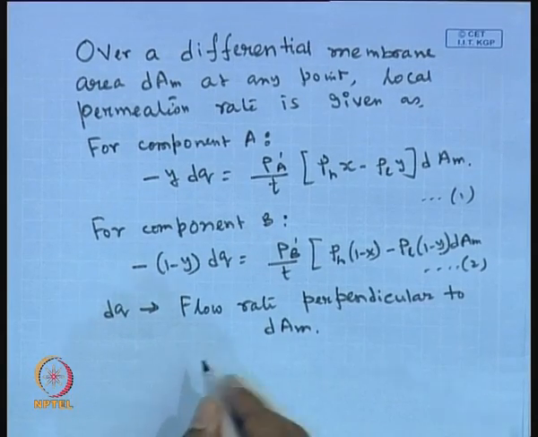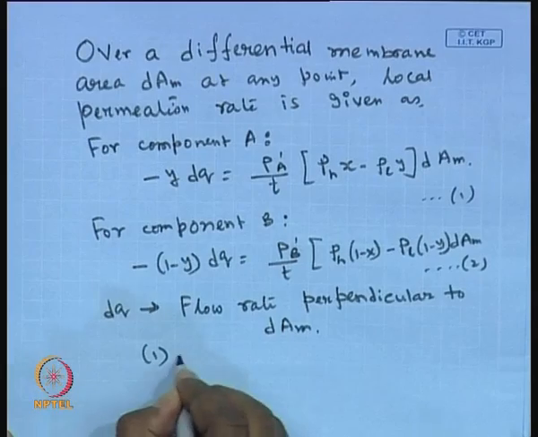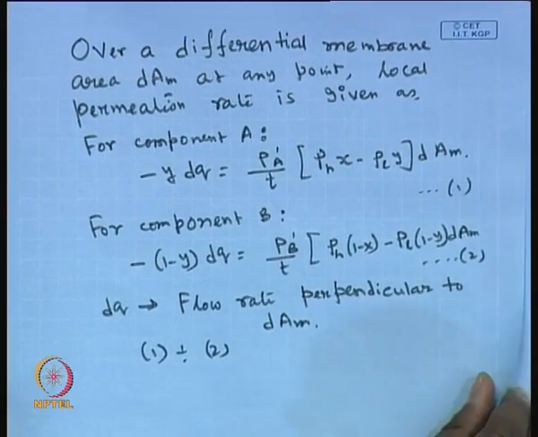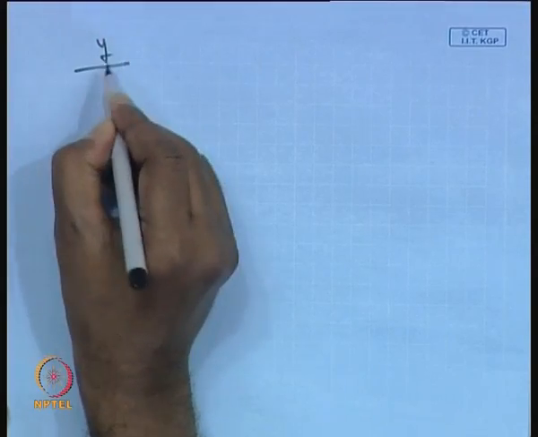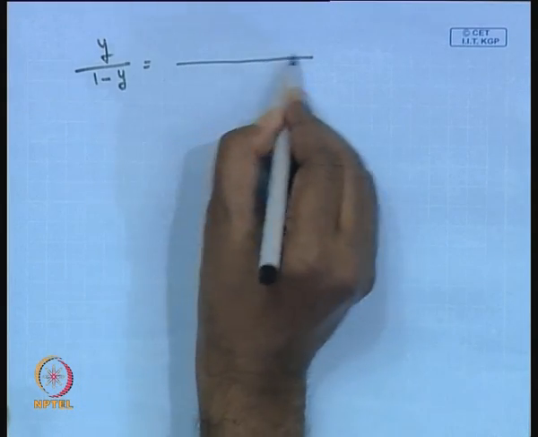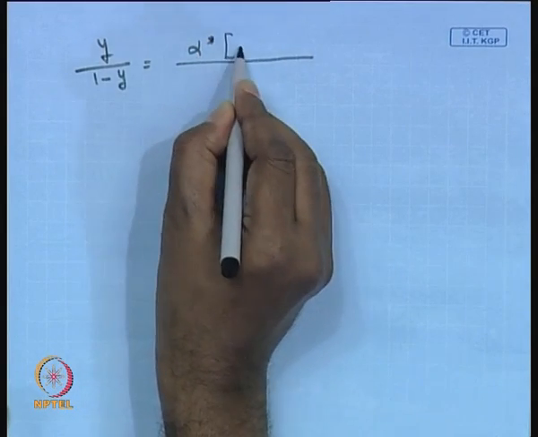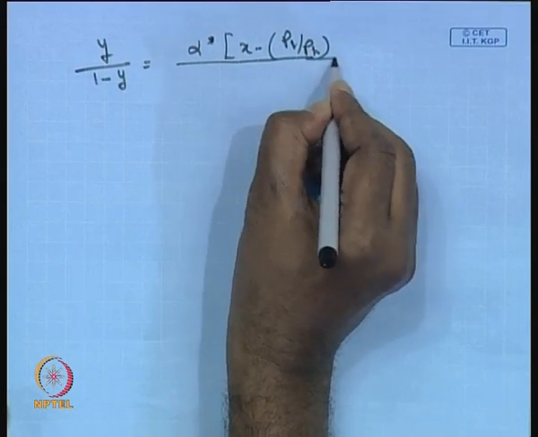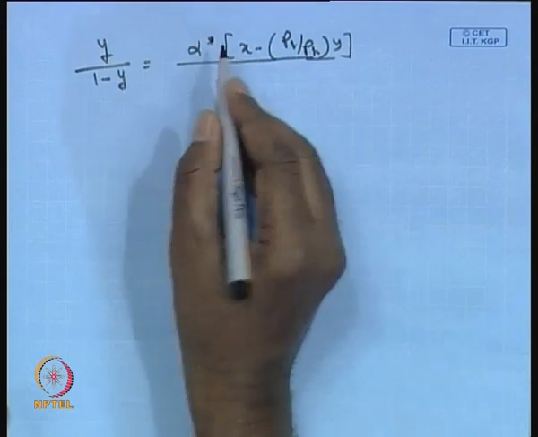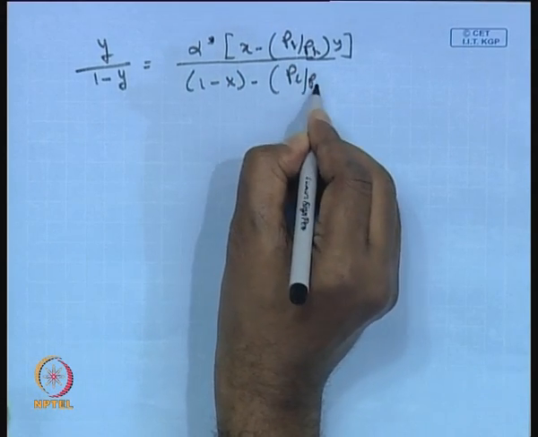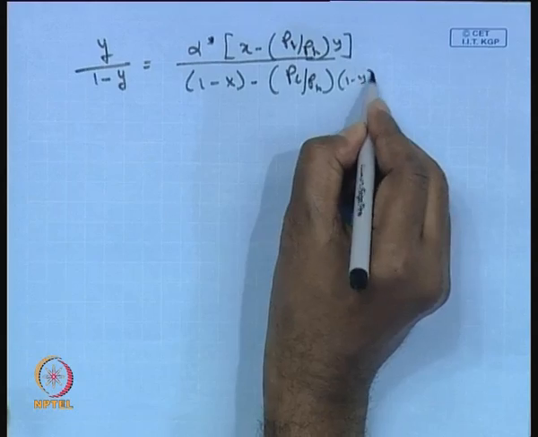Now, you can divide equation number 1 by 2 and see what you get. If you divide equation number 1 by 2, you will get y over (1 minus y) equal to alpha star times (x minus P_L over P_H times y) divided by ((1 minus x) minus P_L over P_H times (1 minus y)).